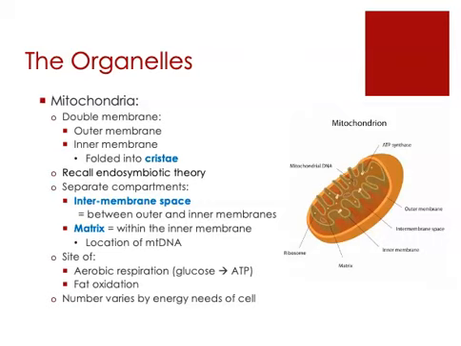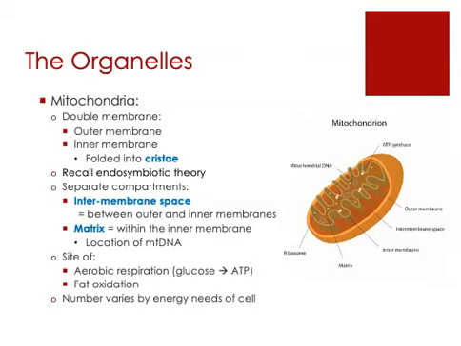If you're looking at, for example, a skeletal muscle cell, and again, we call those fibers, a skeletal muscle fiber is going to be loaded with mitochondria. That's because the process of skeletal muscle contraction is very energy intense. It just requires a lot of ATP.